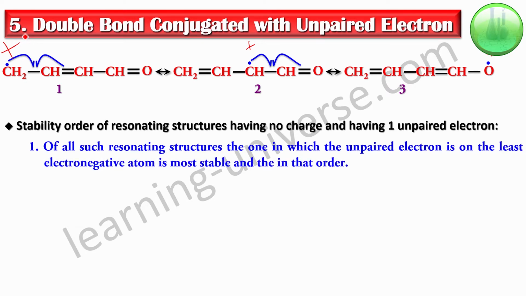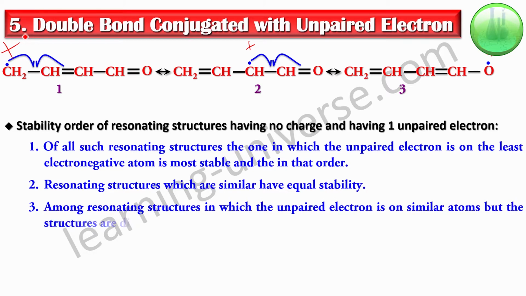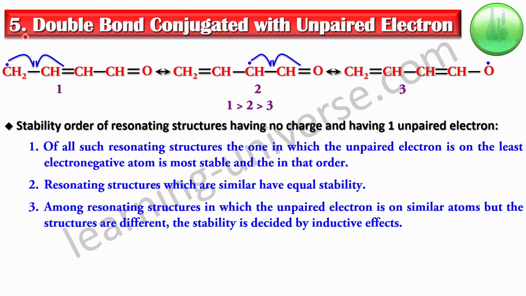So obviously 3 is least stable because it is the most electronegative atom, and the same would have resulted had it been a positive charge. Resonating structures which are similar have equal stability, but none of them are similar here. And then use the inductive effect, the last part. Just take the unpaired electron like a positive charge and look into the inductive effect, and you will figure out yourself that 1 is greater than 2 and 2 is greater than 3.